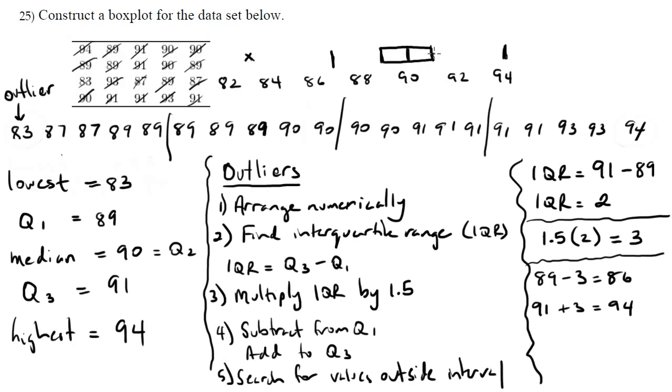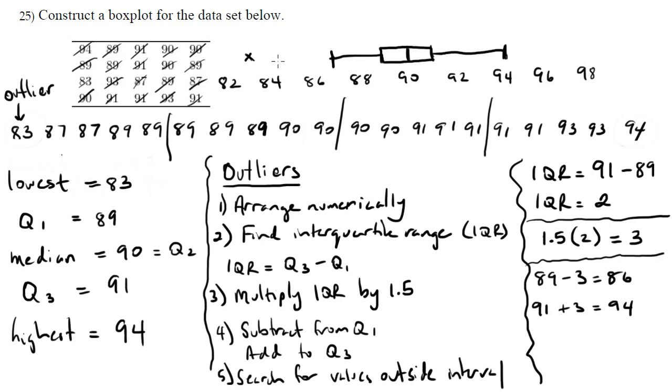And then I extend segments from Q3 to my highest value, from Q1 to my lowest value. There's my box plot. That's it. I can identify my outlier at 83, my median at 90, Q1, Q3, my new lowest value that's within bounds, and my highest value.